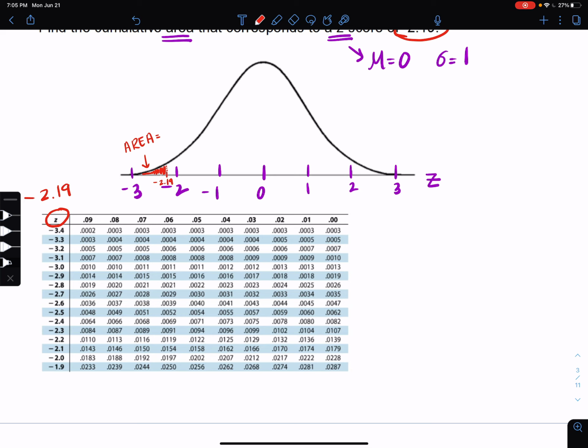In the left-hand column, we're going to look for the z-score, but only to 1 decimal place. We're not rounding, we're just cutting it off. So to 1 decimal place, my z-score is negative 2.1. And then the second decimal place, for us the 9, is what I'm going to look for across the top.